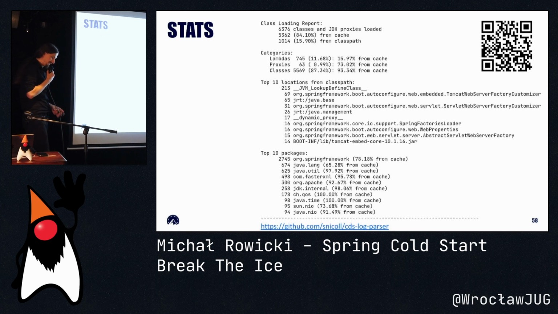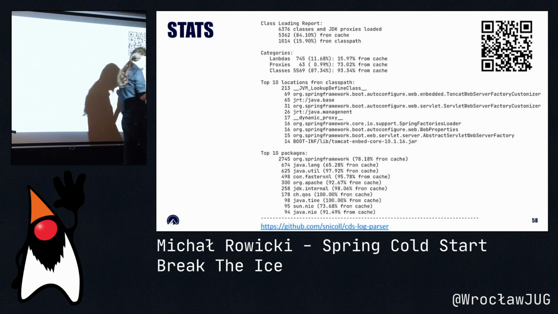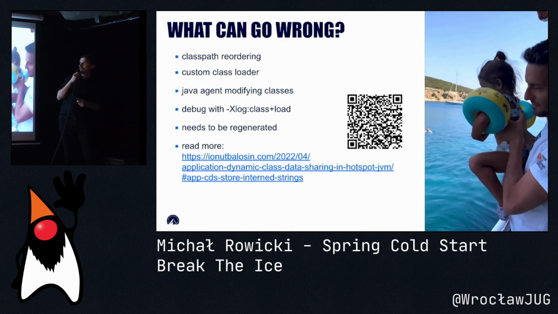When you start using application class data sharing, you definitely should look into the JVM logs for class loading and CDS logs, because it can turn out that you are using nothing. There is a link for the CDS log parser made by Stefan Nicol.